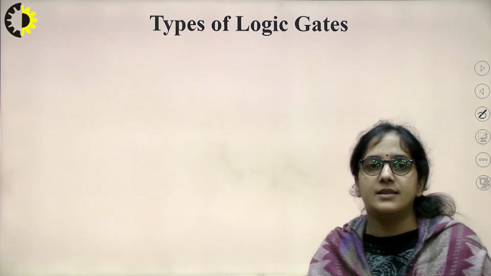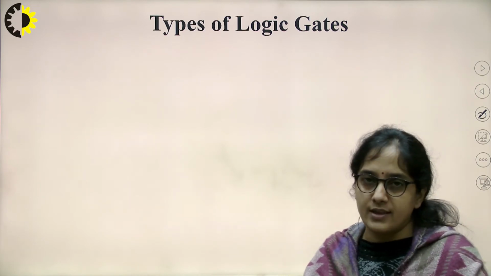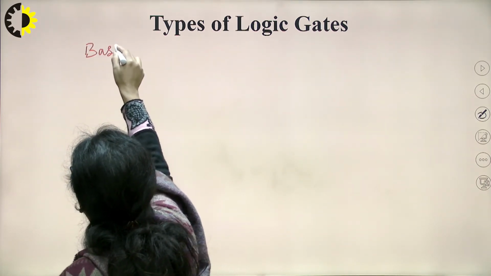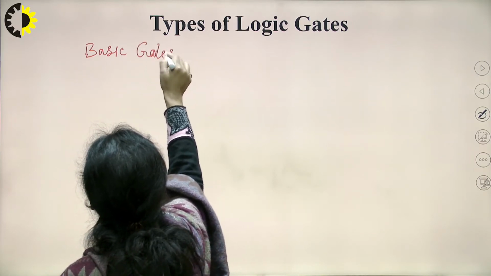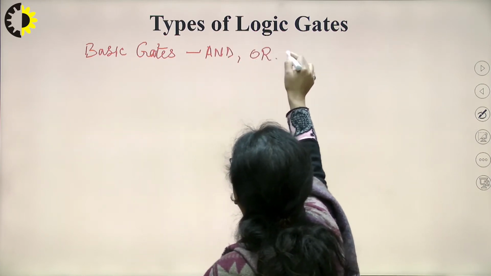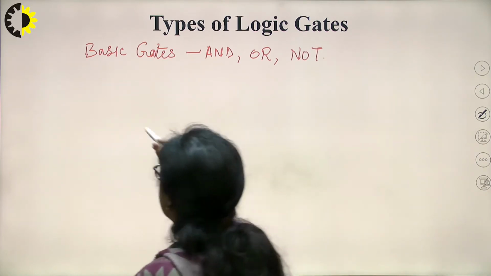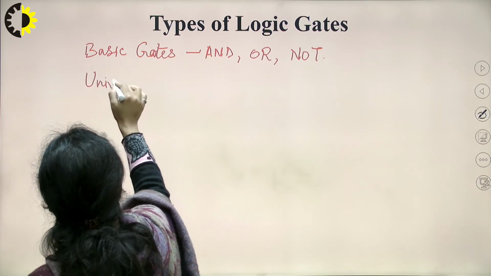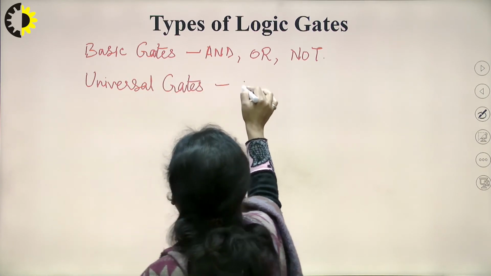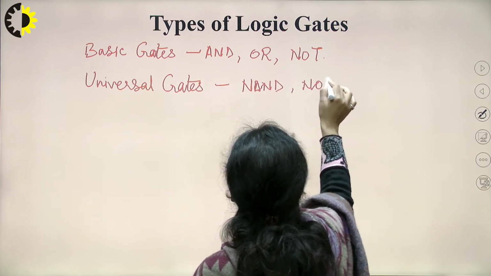Now, the next part is the types of logic gates. There are in all 7 gates that we have to discuss. The first classification is the basic gates: AND, OR, NOT. The second classification is the universal gates: NAND and NOR.